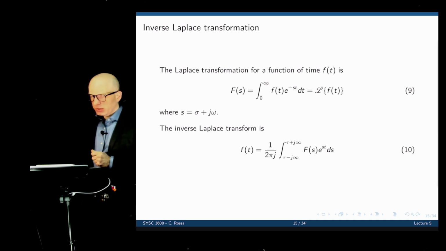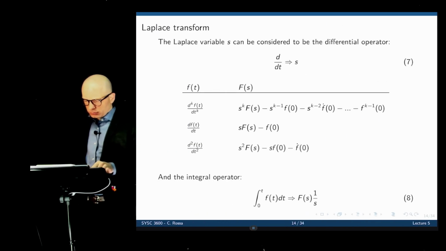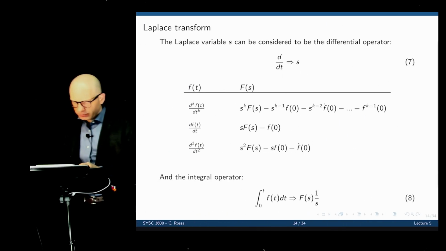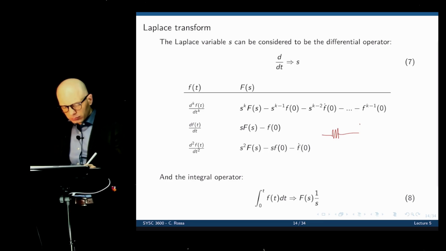Hi, Professor. Could you go over the last slide again? I didn't really understand why we were subtracting f of 0. Right. Okay. Yeah, so let's assume here, for example, that we are dealing with a mass spring damper system like that.